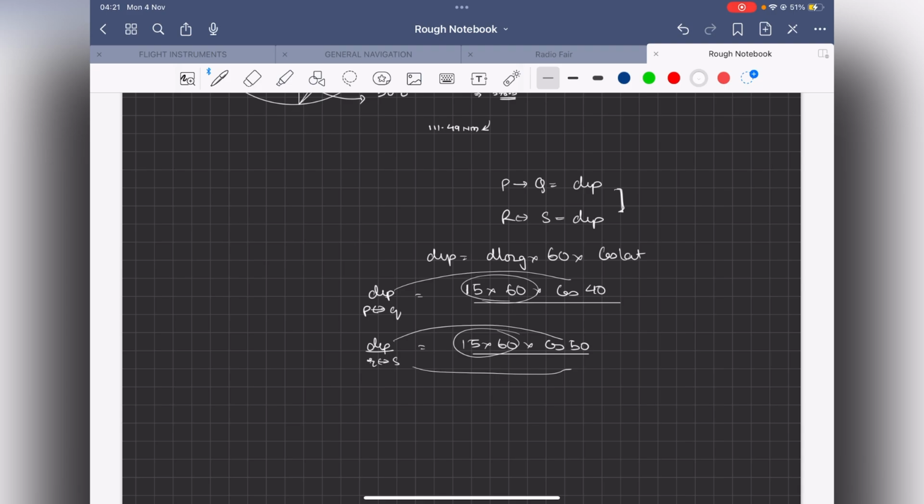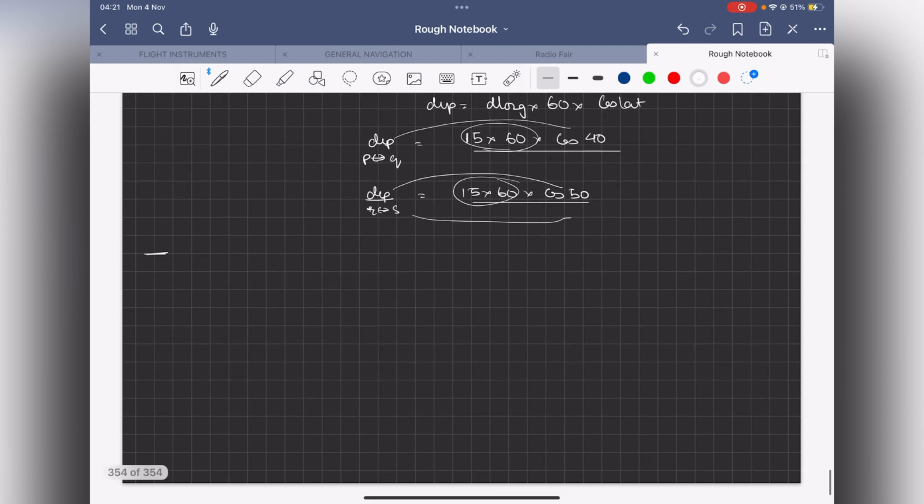Where you will understand the significance of these kinds of questions is, I just introduced you to a model. Let me just give you a question. Write it down and try solving this on your own. Aircraft takes off from (45 degrees north, 050 degrees east), flies on track 000 for 600 nautical miles.